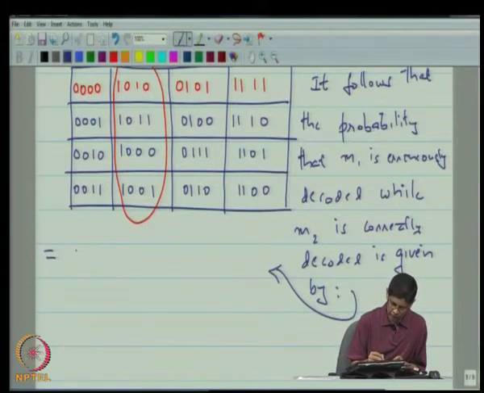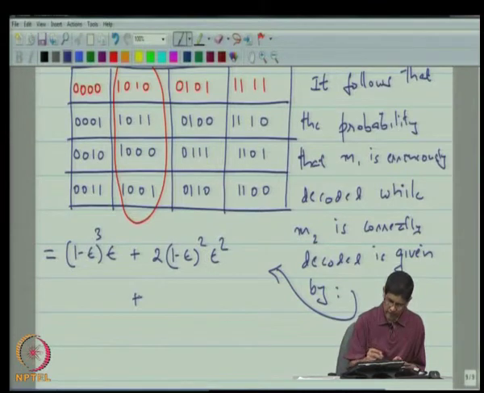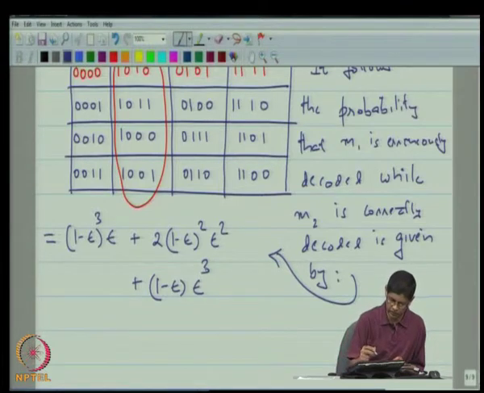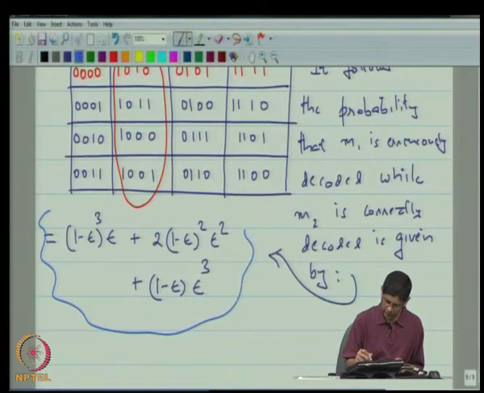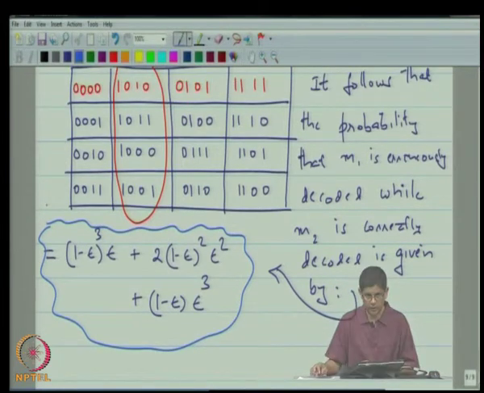So, you can see that therefore, it is (1 minus epsilon) cubed epsilon, this is for the single error vector, plus 2 (1 minus epsilon) squared, plus the case when you have 3, you have plus (1 minus epsilon) into epsilon cubed. So, this is the probability that the first message symbol is decoded incorrectly, whereas the second is decoded correctly.